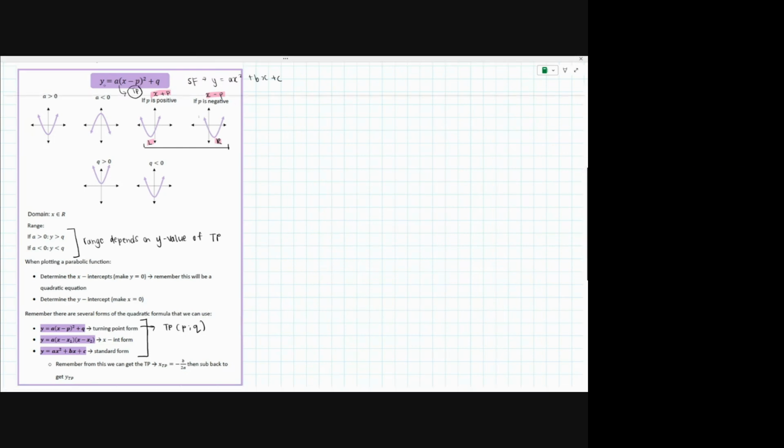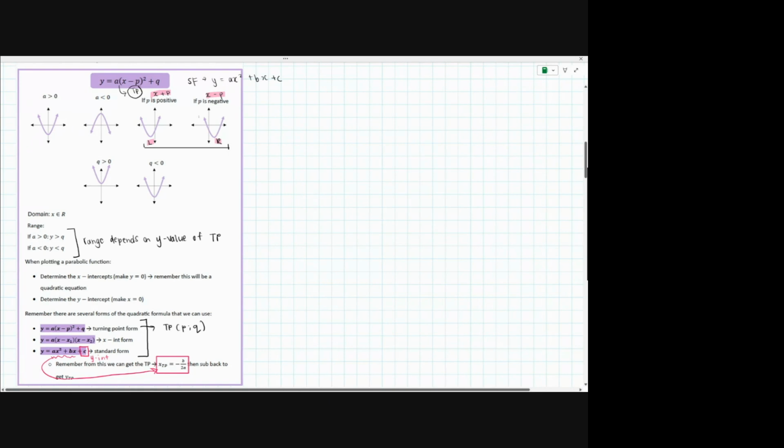The last little thing that you need to take note of is that the standard form as it is only gives us one piece of information: the y-intercept. But from your standard form, using a and b, you can determine the x coordinate of your turning point using this little formula, minus b over 2a.